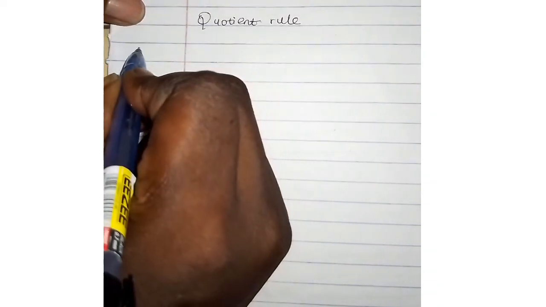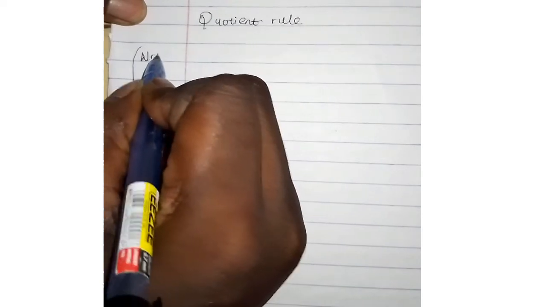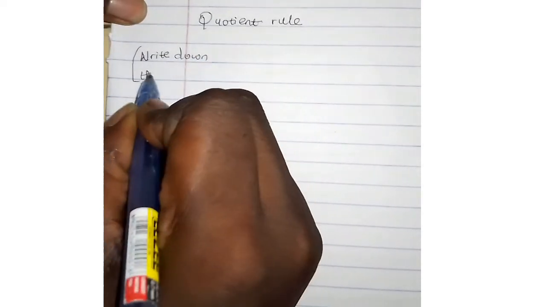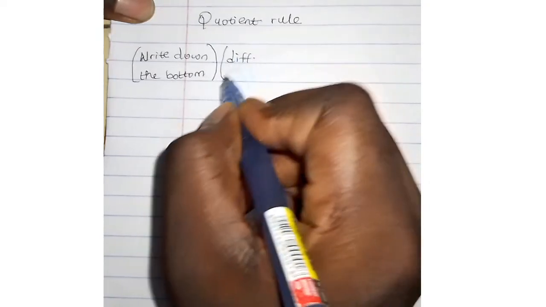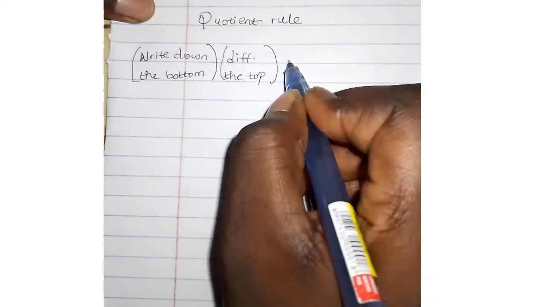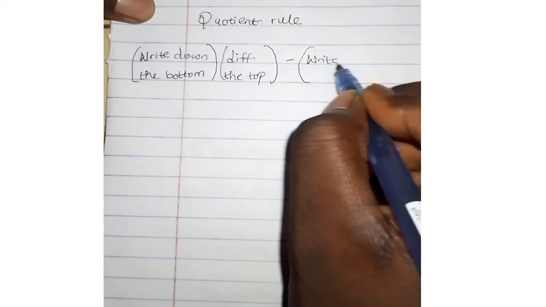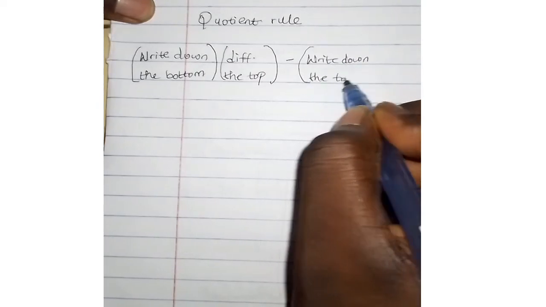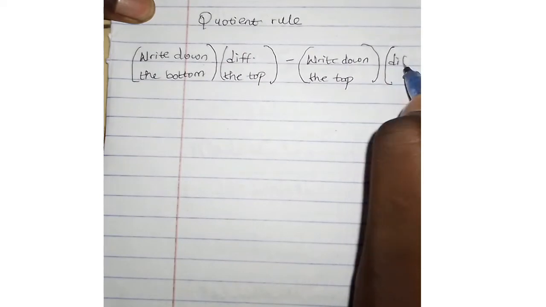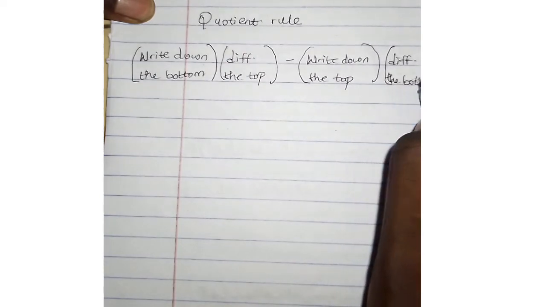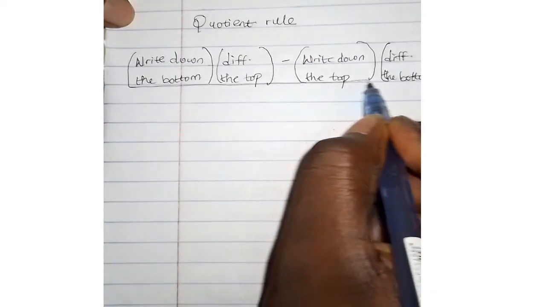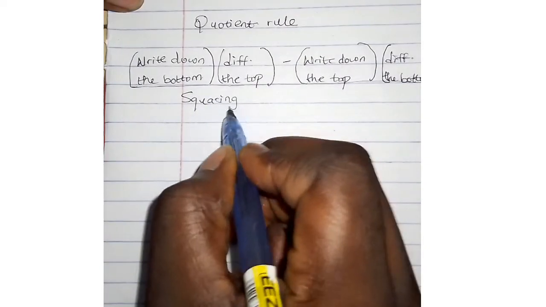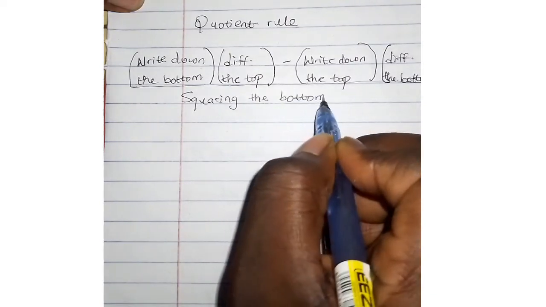In bracket form we have: write down the bottom, then we differentiate the top, subtracting, you write down the top, then you differentiate the bottom, all over the bottom squared.